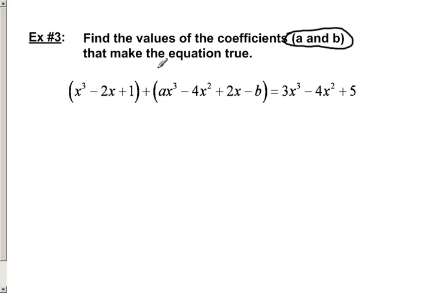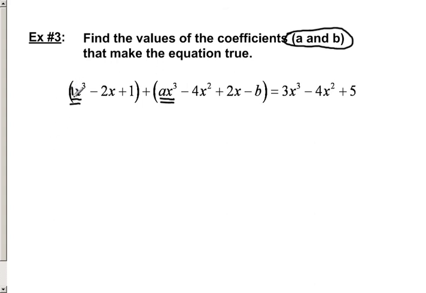What we have in this problem is two polynomials that are being added together. So what we can do is combine like terms and then set that equal to another polynomial. Our first step is to combine all of the like terms. I see right here I have an x cubed term and then another x cubed term. Now, the key, we mentioned this yesterday too, when we combine like terms, we end up adding the coefficients.